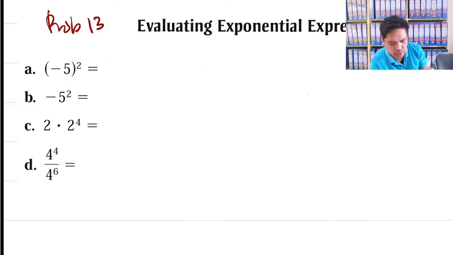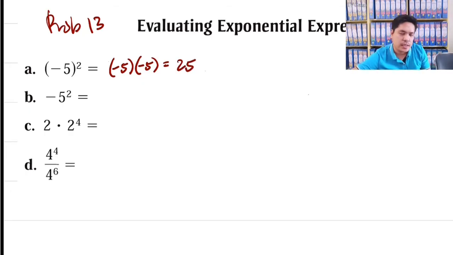So, ito. So, how do we evaluate this? This one. That is the same as multiplying negative 5 2 times. So, negative 5 times negative 5, that's positive 25. Very easy. Why challenge? How about this? Are they the same? The answer is not. Siyempre, ako din sasagot. Wala akong kausap. So, eto siya.